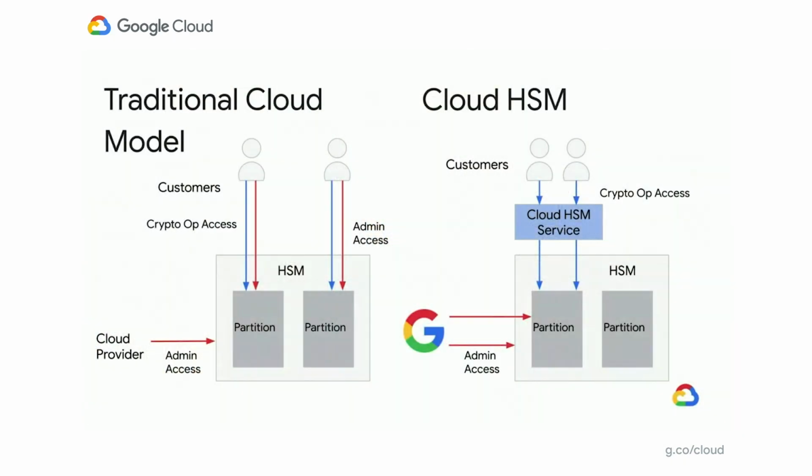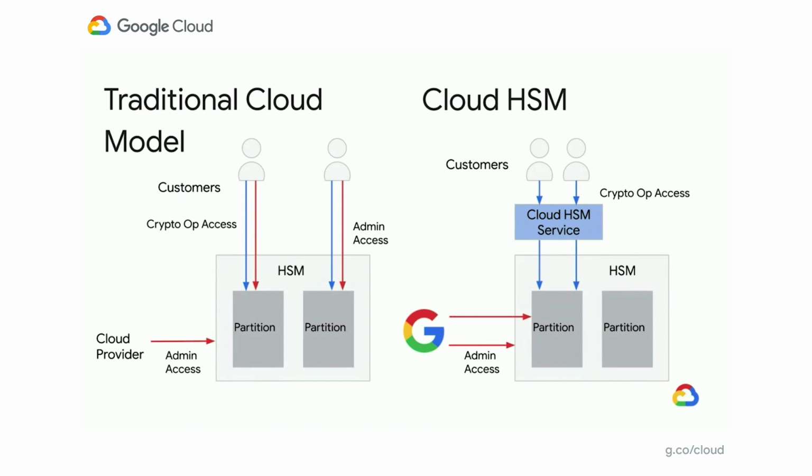The system that we've designed for these principles looks slightly different than a normal HSM in the cloud model. In the traditional model, you would have crypto op access, represented by the blue arrows, and admin access, represented by the red arrows, to your own partition on the HSM. The cloud provider would have admin access to the device as a whole, which they would use for operations like setting the HSM up initially for you.